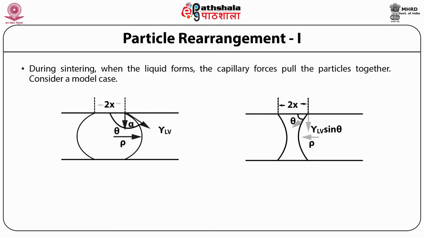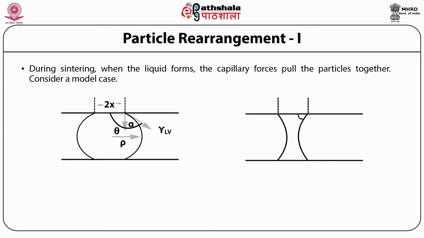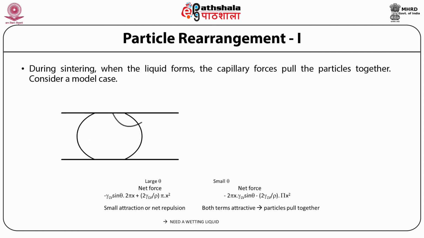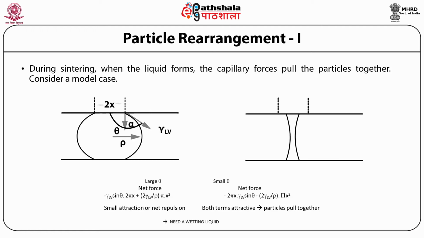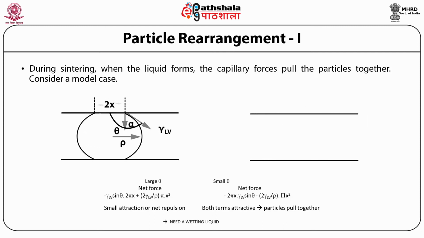The first force acts on the periphery of the liquid plate contact circle, while the second acts on the area of the circle. The net force is given as minus gamma sine theta into 2 pi x plus 2 gamma divided by rho into pi x square. The first component, which attracts the plates together, is usually smaller than the second component, which repels the plates, and so the net effect is that the plates are repelled.